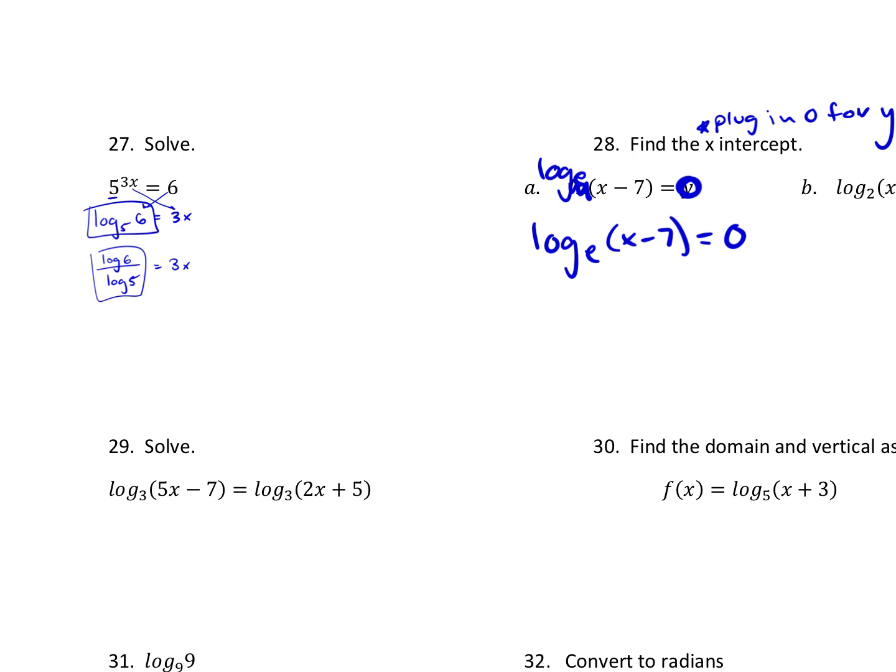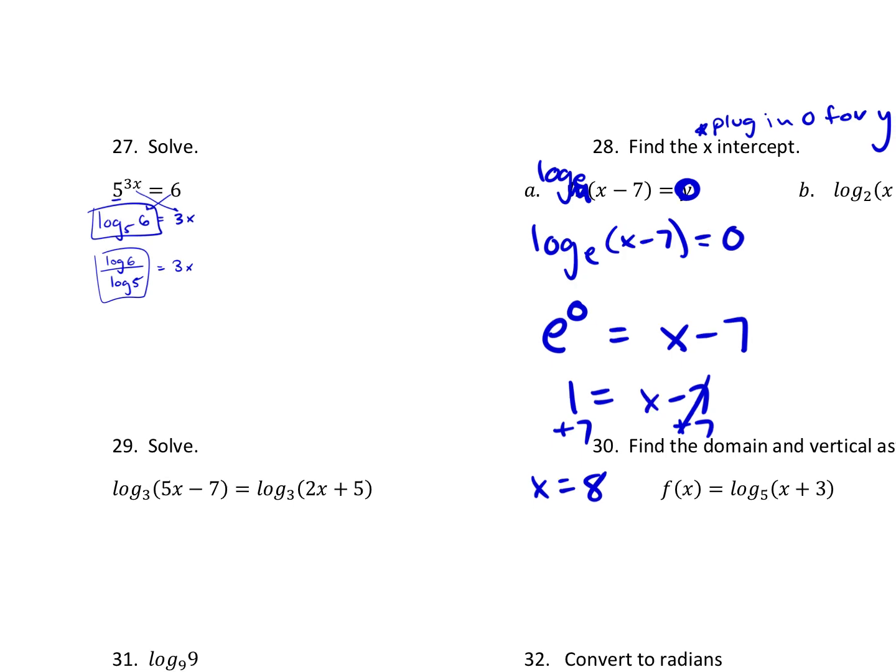You can either make the big base e on both sides, this will cancel, or just rewrite it into exponential form. e to the power of 0 equals x minus 7. What's e to the power of 0? 1. So 1 equals x minus 7. Add 7, move it to the other side, x is equal to 8.